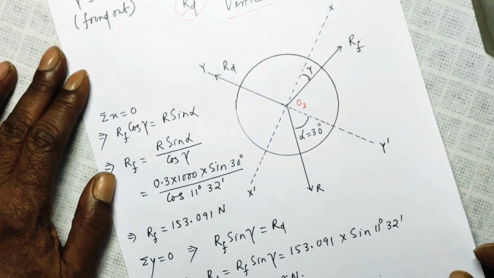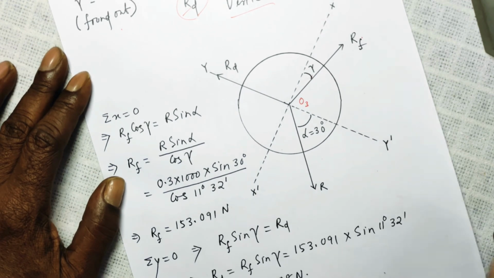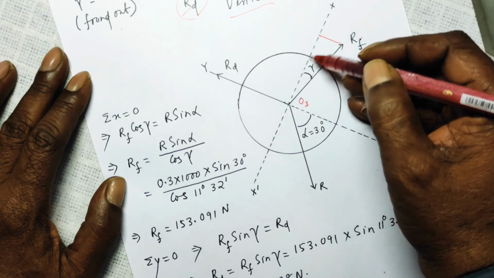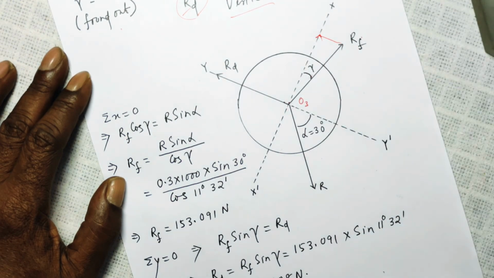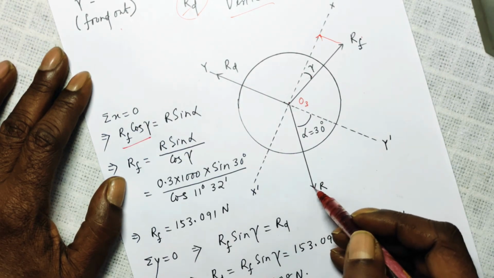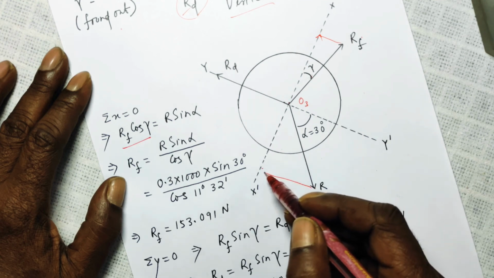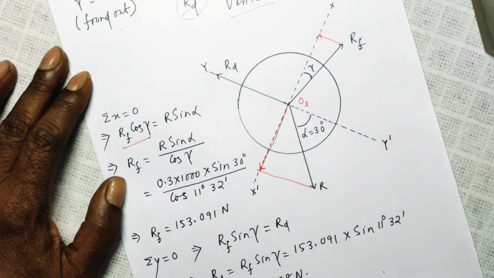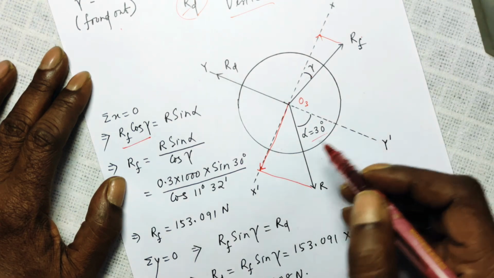So let us apply sigma x is equal to 0. So from here, if you drop a perpendicular, this part from here to here will be your RF cos gamma, and if you drop a perpendicular from here, then this length from here to here will be your R times sine 30, that is sine alpha.